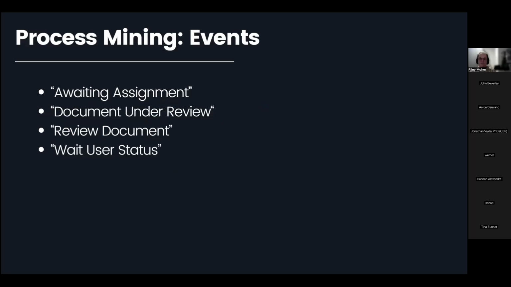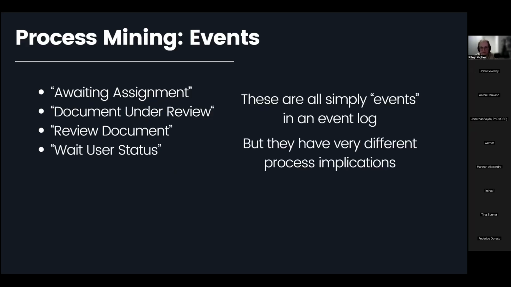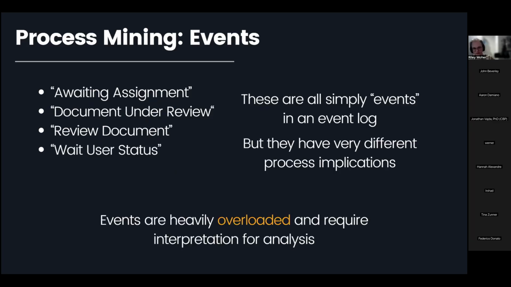So something that has begun to occur or maybe has just finished occurring. So these are all flattened to the same sort of event view, but their implications for the process at hand are very different, right? So events are something that are very heavily overloaded and require interpretation for us to analyze them in the process mining context.